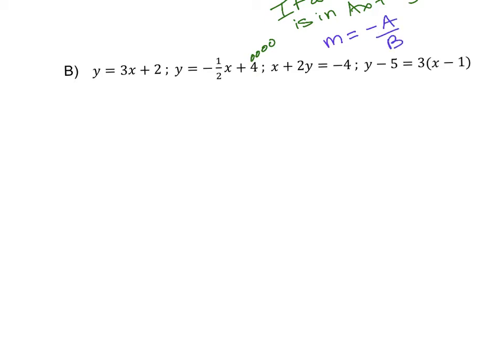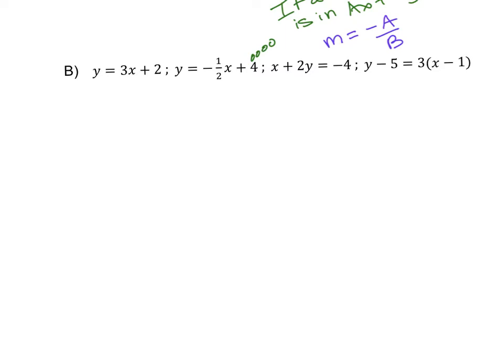Let me show you the reason why this is. If I have an equation, ax plus by is equal to c, and I'm trying to get the m in the y equals mx plus b, I would subtract the ax, and I would get by is equal to -ax plus c. Then if I divide everything by b, you notice that you get y equals -a over b x plus c over b.